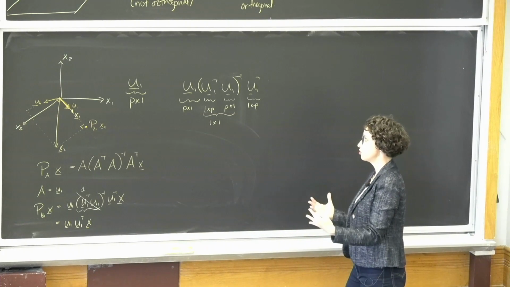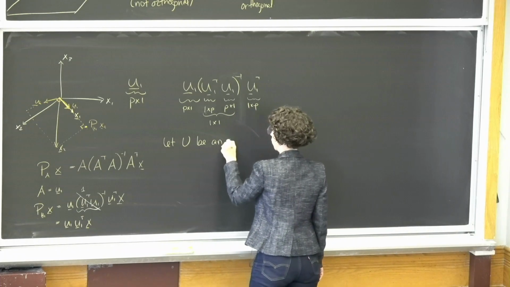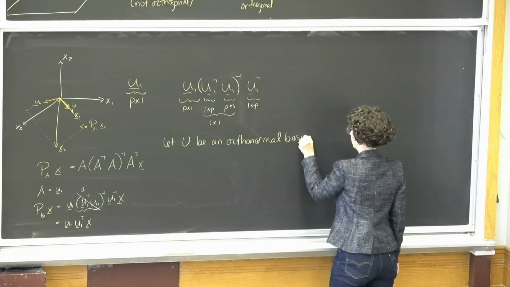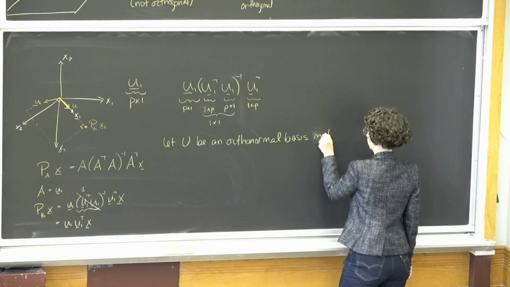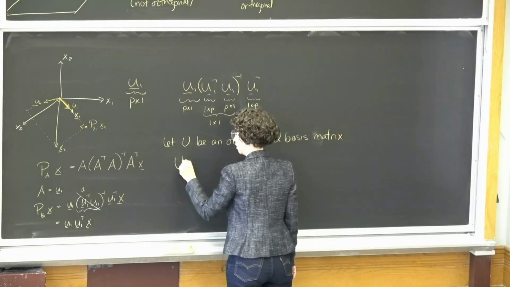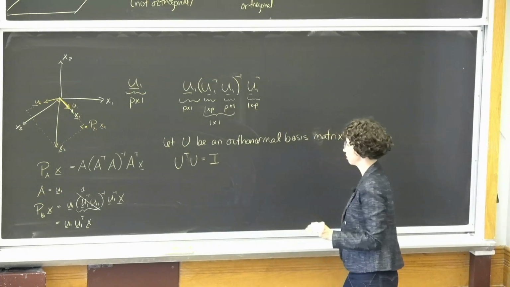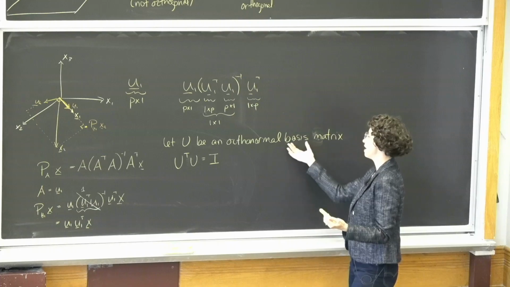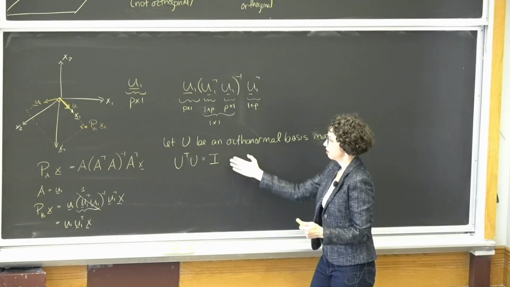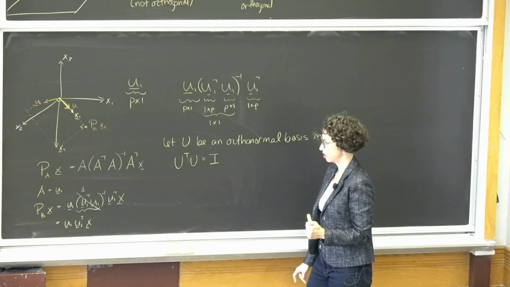Now, more generally, let U be an orthonormal basis matrix. Remember, one of the key properties is that U transpose U has to be equal to an identity matrix. When that basis only has one element, then we're in this U1 setting. But more generally, for a basis with more vectors, U transpose U is the identity matrix.